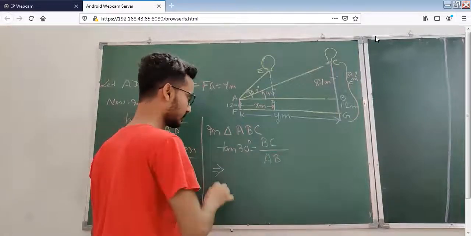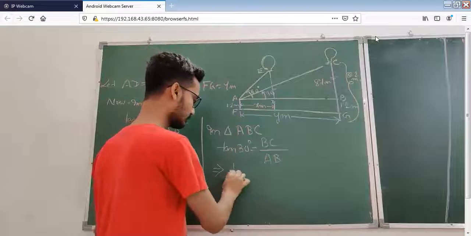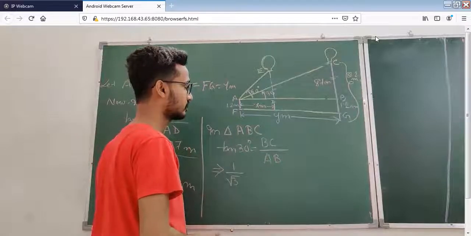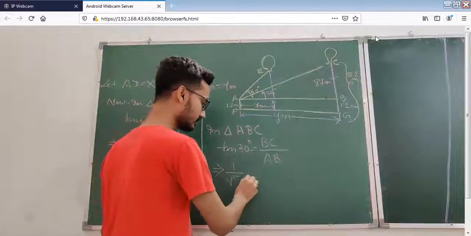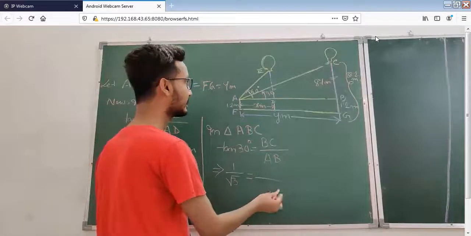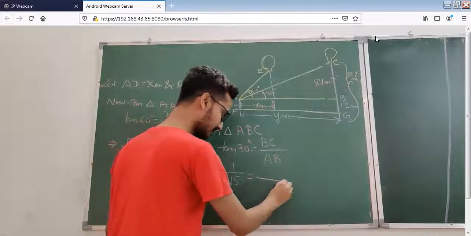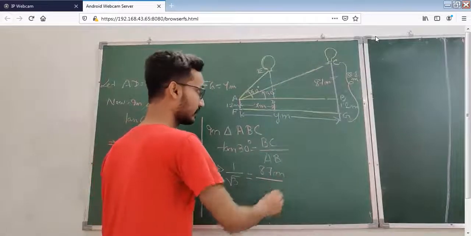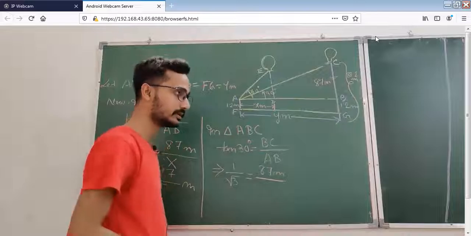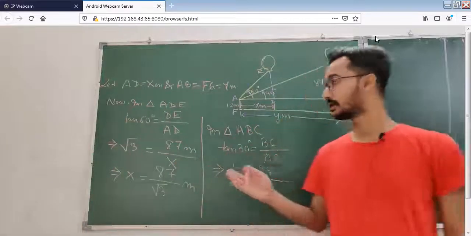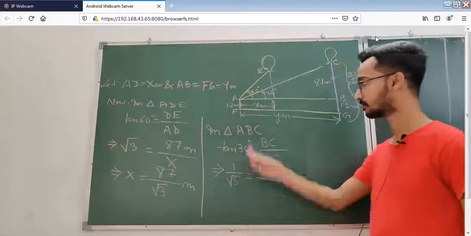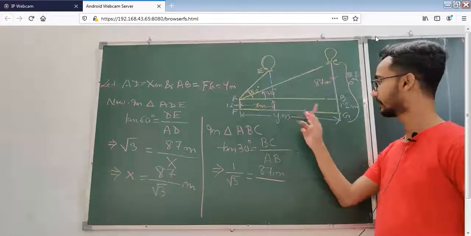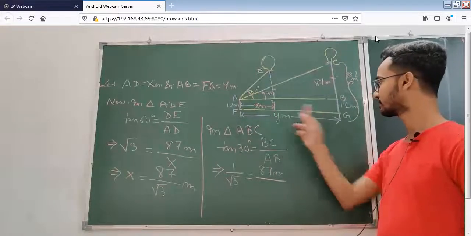Now what is the value of tan 30? Tan 30 is 1 by root 3. And BC, we have already found that BC and ED are same, and the value is 87 meters. And you have to find AB. In place of AB we can put Y, because we let AD equal to X meter and AB or FG equal to Y meter.